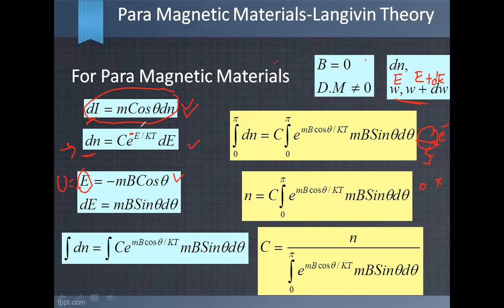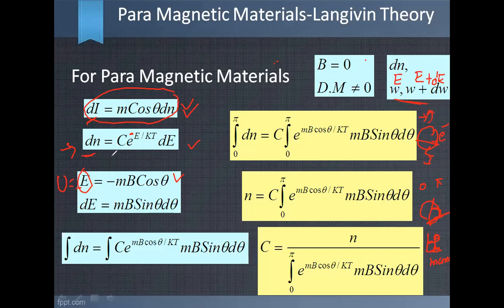The first one is m cos theta, because the electron is turning like this: m is the dipole moment, theta is this angle, and m cos theta is the horizontal component. So the intensity should be m cos theta, following the full orientation of how the electron dipole is turning.